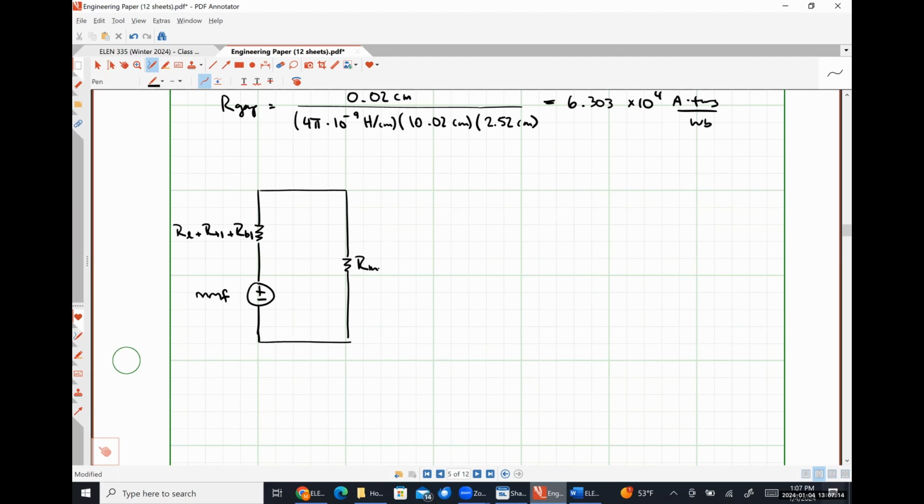This guy right here is going to be the middle portion plus the gap. And this guy right here is the top right plus the right plus the bottom right. And we already found that our flux here was 2.53 milliweber.